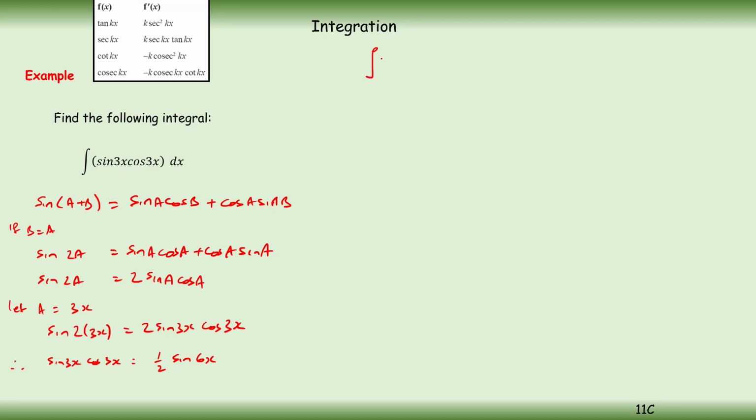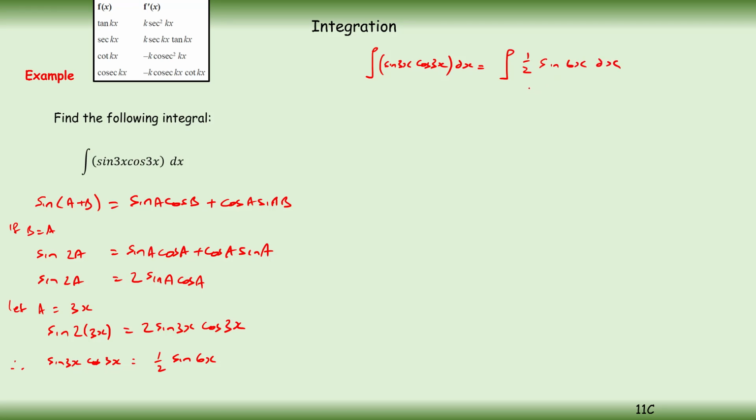So we can say the integral of sine 3x cos 3x with respect to x is equal to the integral of a half sine 6x with respect to x.